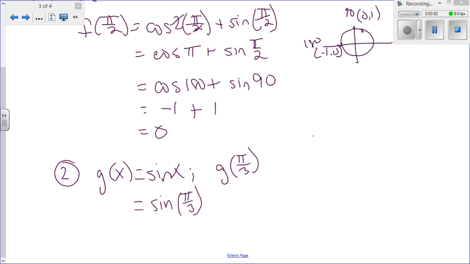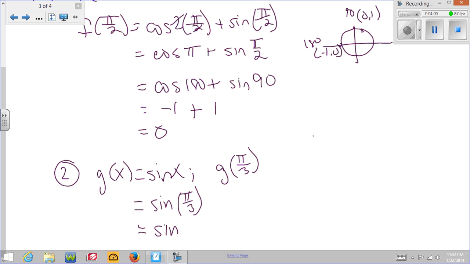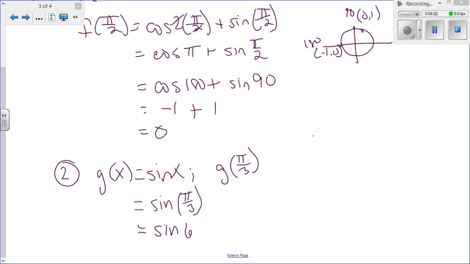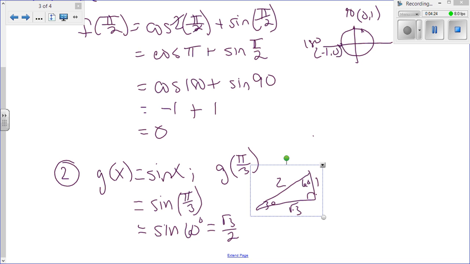And pi over 3, if pi is 180, 180 divided by 3 is 60. So this is the sine of 60 degrees. To find the sine of 60, use your right triangle. 30, 60, so 1, 2, radical 3. Sine of 60 is opposite over hypotenuse, so it would be radical 3 over 2. Remember, here we're just using SOHCAHTOA.